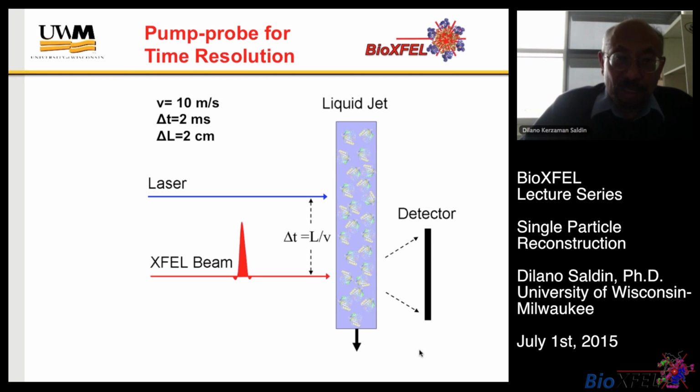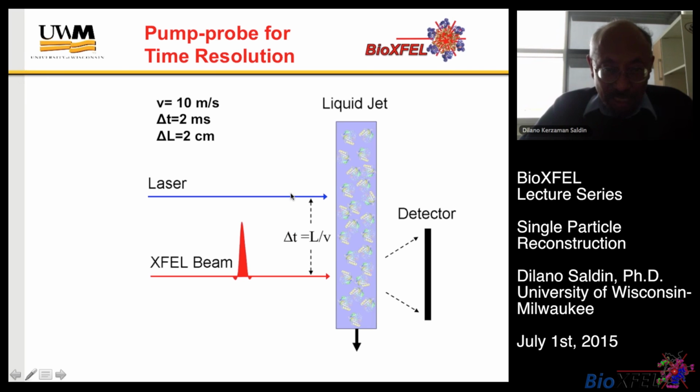Now, I want to conclude by giving one final example of a possible time-resolved experiment performed in a liquid jet that contains many of these protein molecules, say P by P, in solution in random orientations.